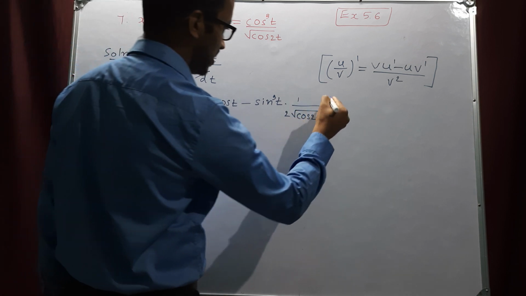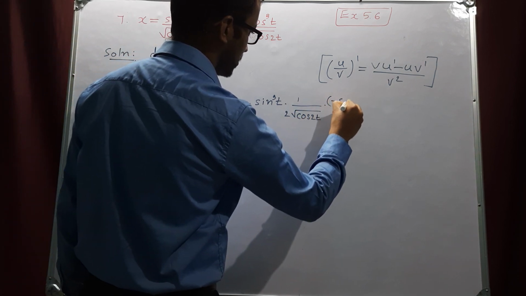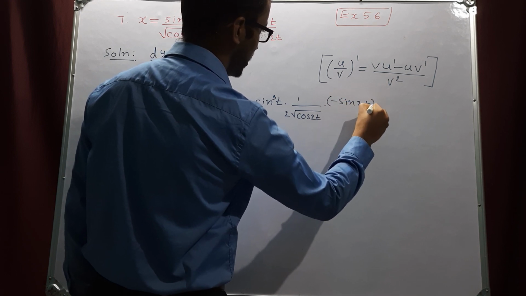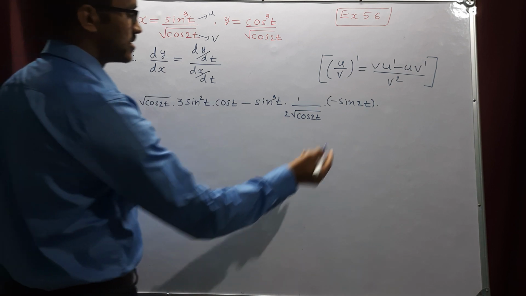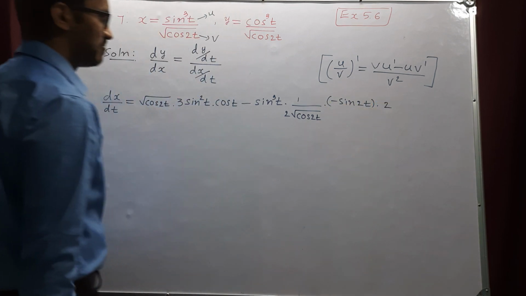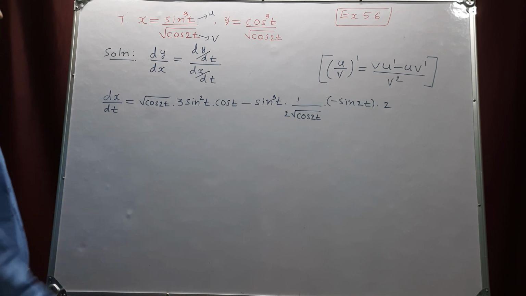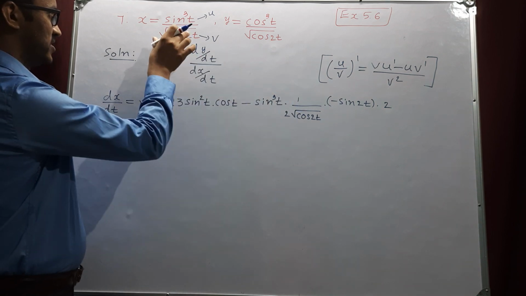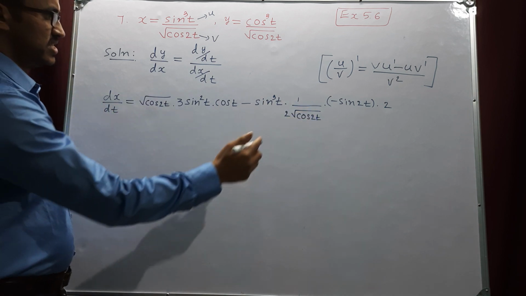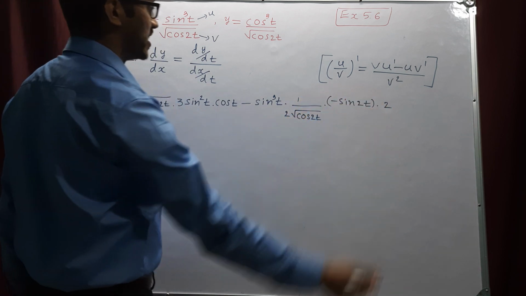The derivative of cos 2t: the derivative of cos is minus sin, so minus sin 2t, and again the derivative of 2t is 2. Here also we are applying the chain rule: first the derivative of the outer function by keeping the inner function as it is. The same procedure we are repeating.